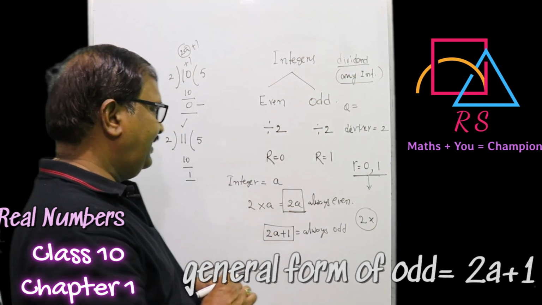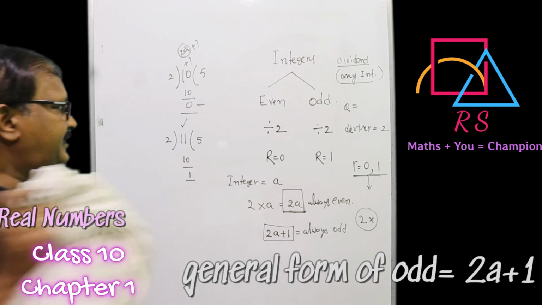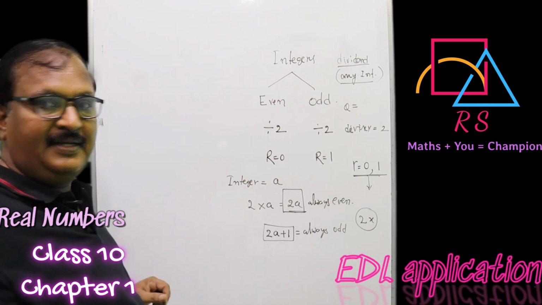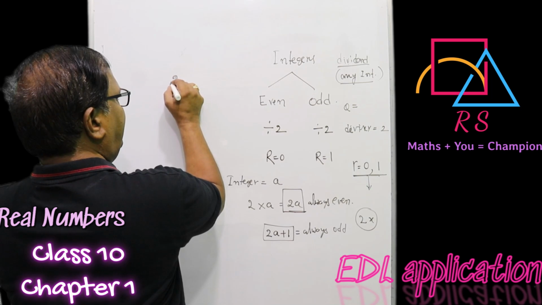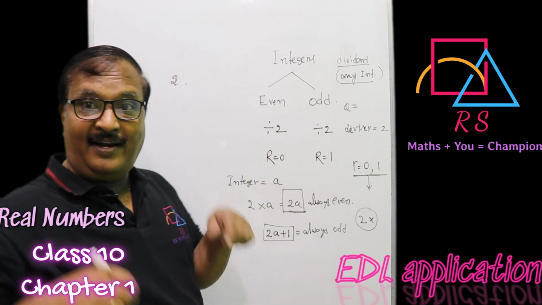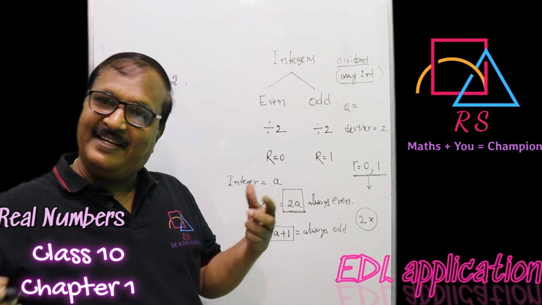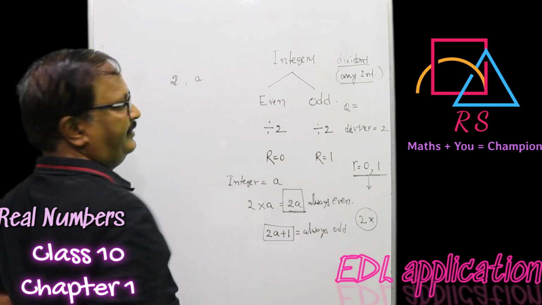Let us write EDL. To write EDL, we need two numbers. One number is 2. Another number is any integer, let us say a.